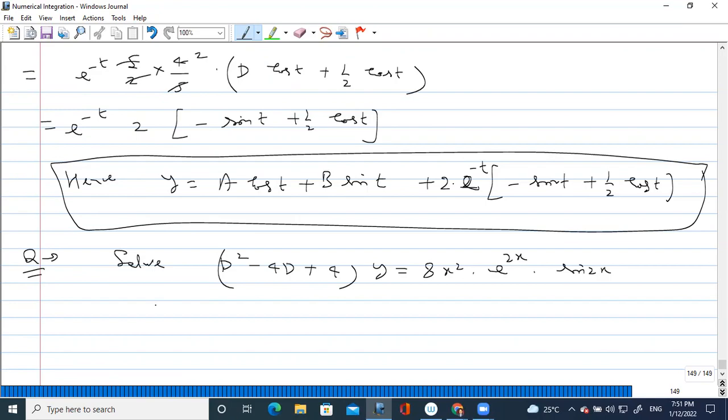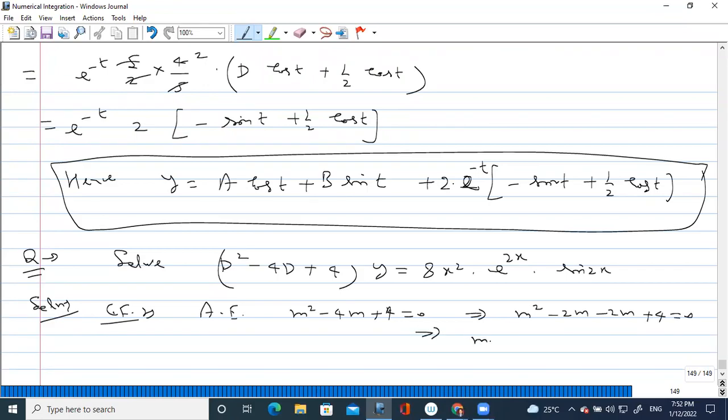Okay, so but don't worry, this is a difficult one, but we will go through this, and easy questions you can solve easily. So here, first of all, to find the complementary function, what you need to do is the auxiliary equation. Auxiliary equation will be m square minus 4m plus 4 equal to 0. Here you can factor: m minus 2, m minus 2 equal to 0.